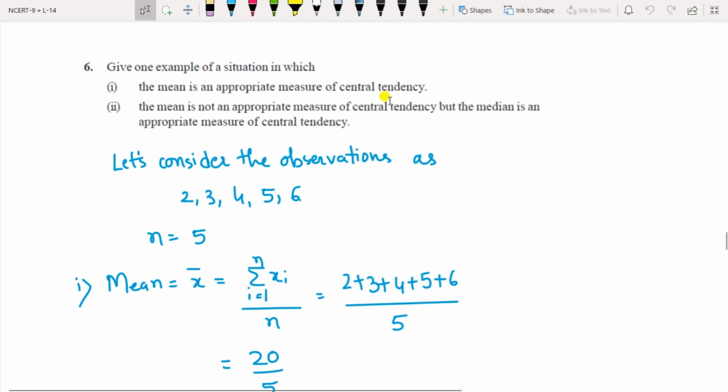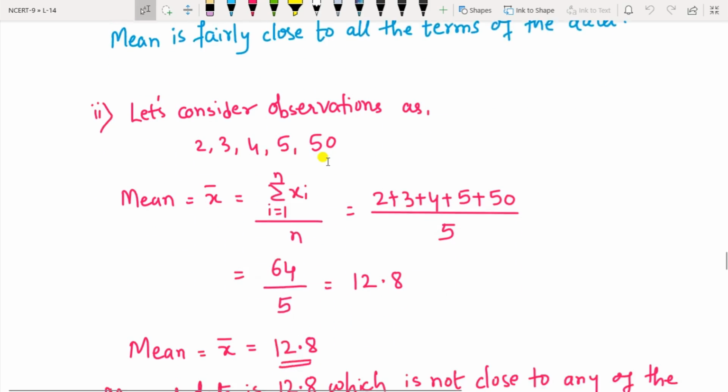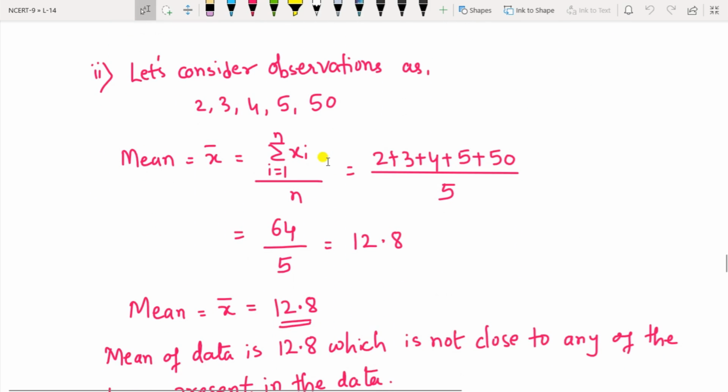Second example you have to write as mean is not an appropriate measure of central tendency, but the median is appropriate. So you have to take such an example where mean is not appropriate, but median is an appropriate central value. Suppose I take the example as 2, 3, 4, 5 and 50 now.